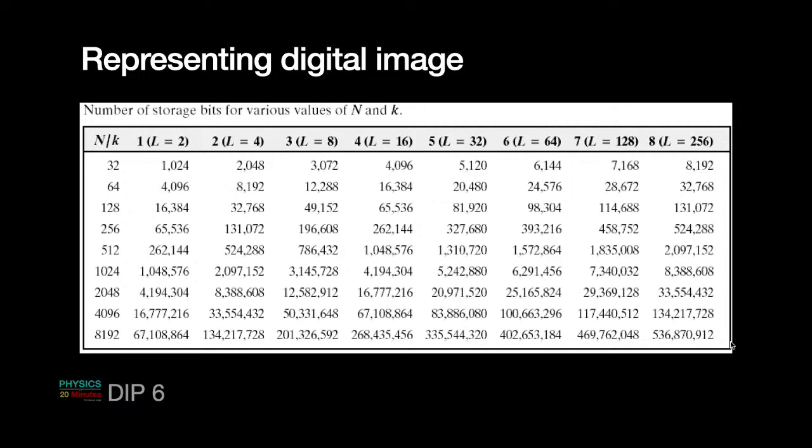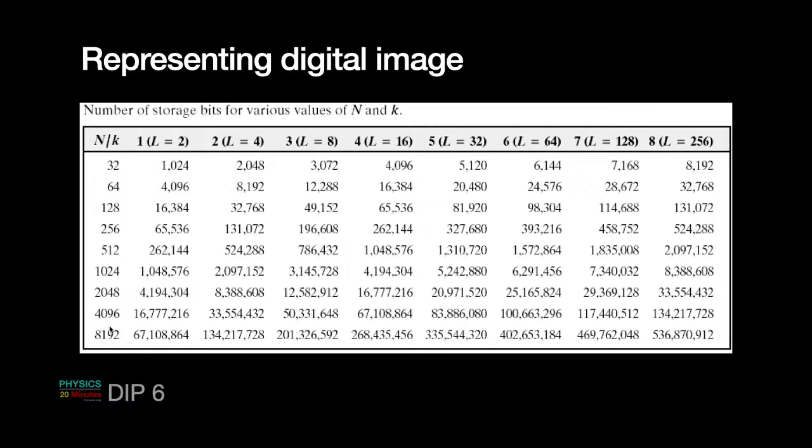So for example, look at the last case. I have approximately 8000 rows and 8000 columns. I'm using 8192, rounding it off to the nearest 1000. So 8000 into 8000 will give you 64 followed by some number of zeros. If you calculate carefully, it will be around 6.5 megapixel.